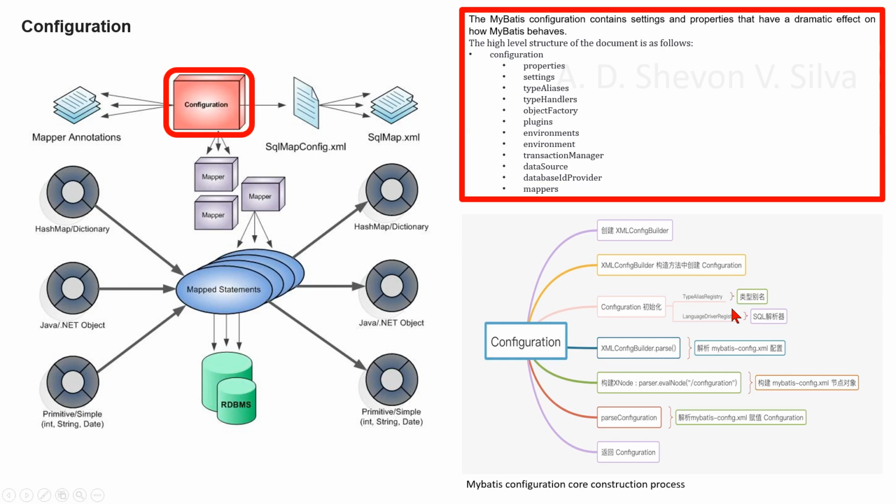What is the purpose of type alias? The type alias is mainly used to replace complex multi-limited type names in MyBatis, and is used to set the parameter type and return result type in the mapper configuration file.